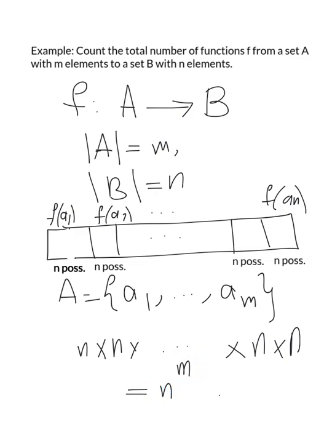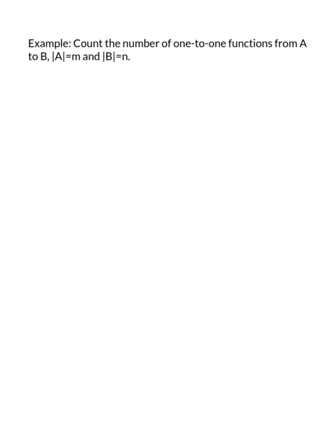The final example of today's lecture is the following. Count the number of one-to-one functions from A to B, where again A has m elements and B has n elements. So now this time we don't want to count all the functions, but we want to count only one-to-one functions.